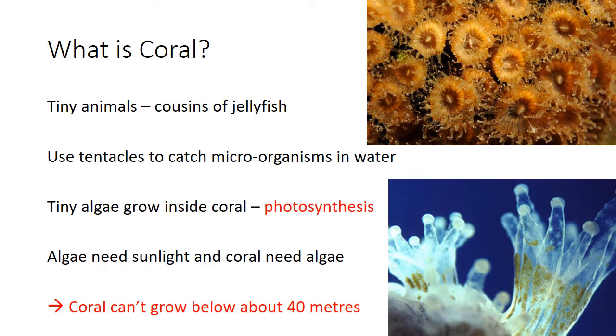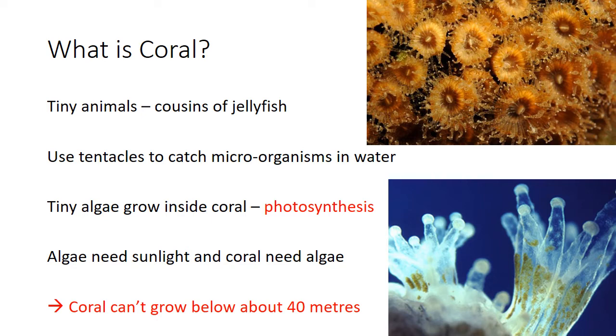Inside coral, there is tiny algae. The tiny algae are tiny plants that carry out photosynthesis. The coral need the algae to make food for them. The algae needs sunlight to make food.